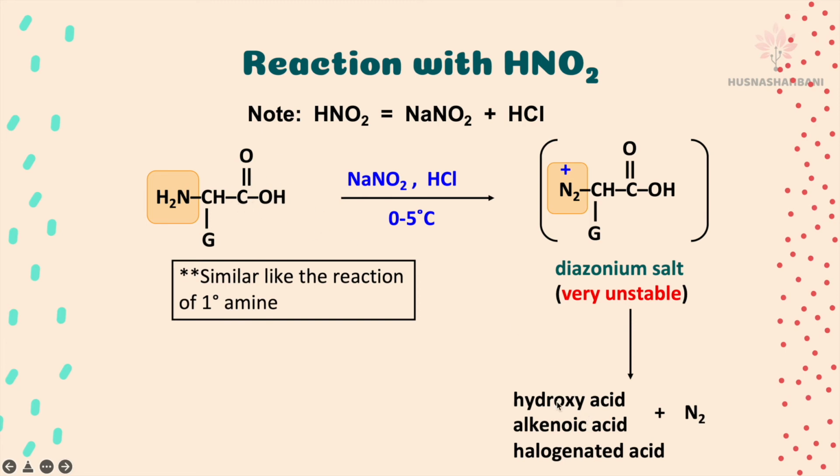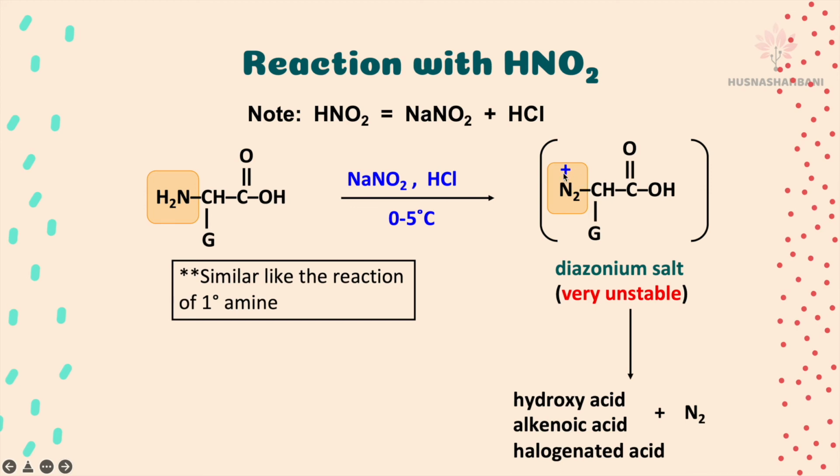So the product will be hydroxy acid, and then alkenoic acid because you have alkene but with the COOH, and then alkyl halide, the one that we've learned in primary amine. So here it will become halogenated acid.